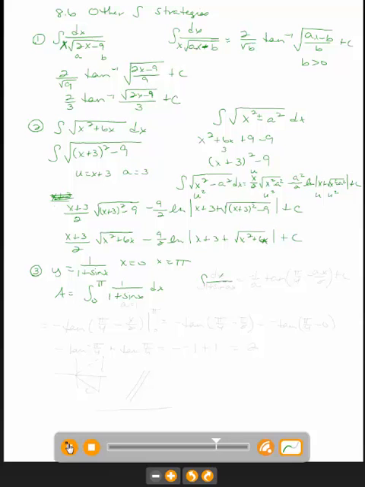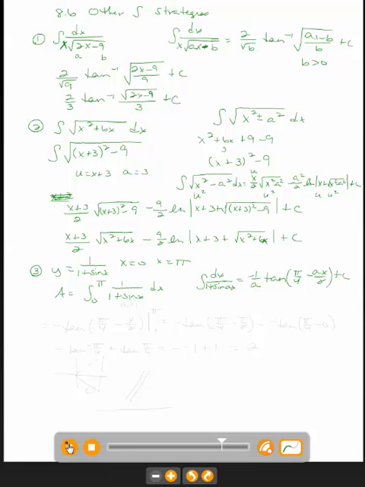It says the integral of dx over 1 plus the sine of ax, in our case a is 1, equals negative 1 over a, tangent of pi over 4 minus ax over 2, plus c.